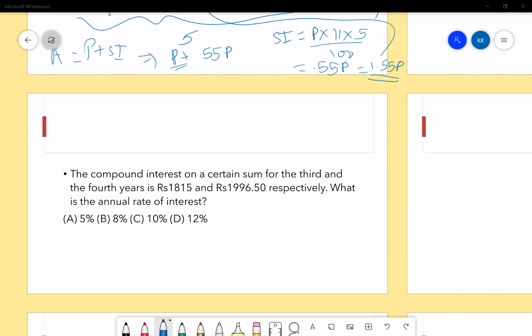How it is carried forward. That's the hint. If you remember it, it can be solved under a minute.